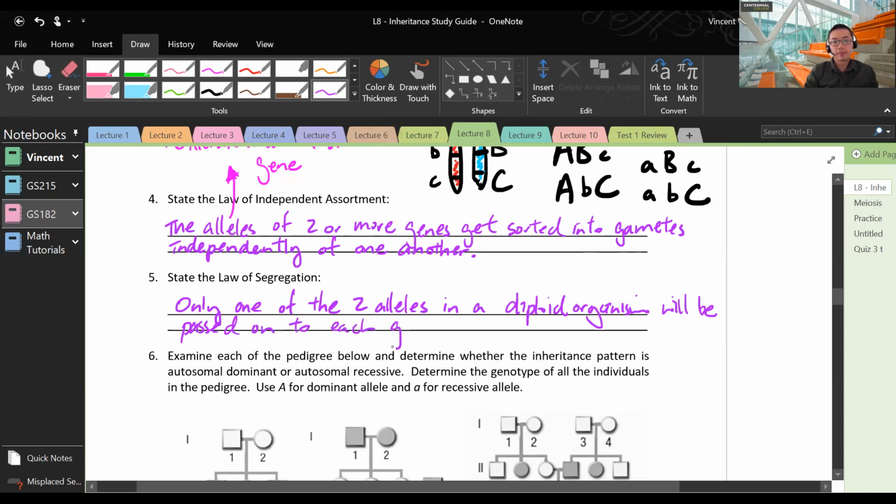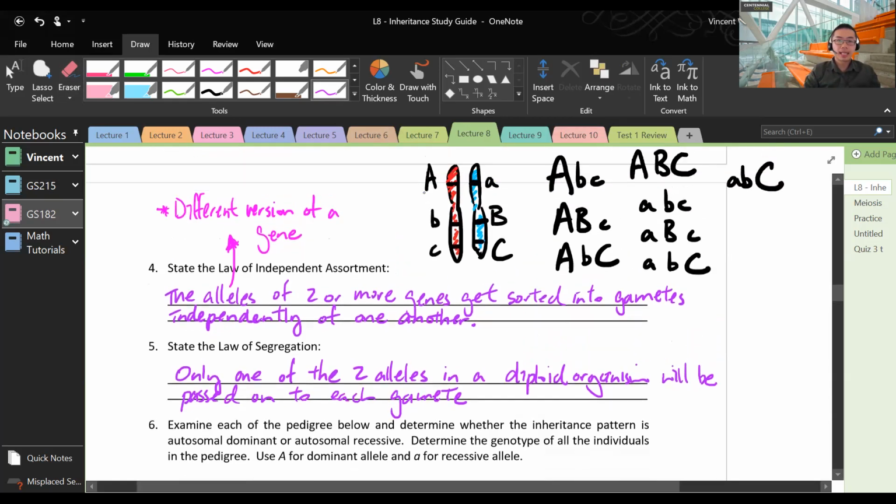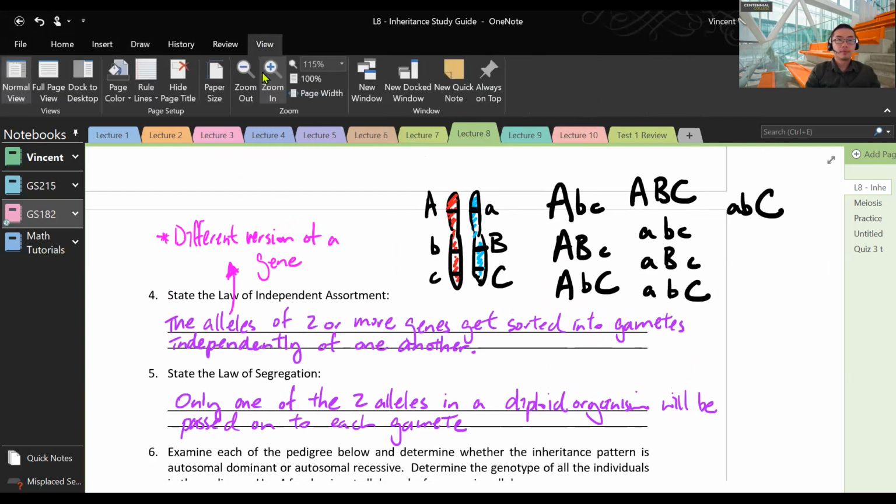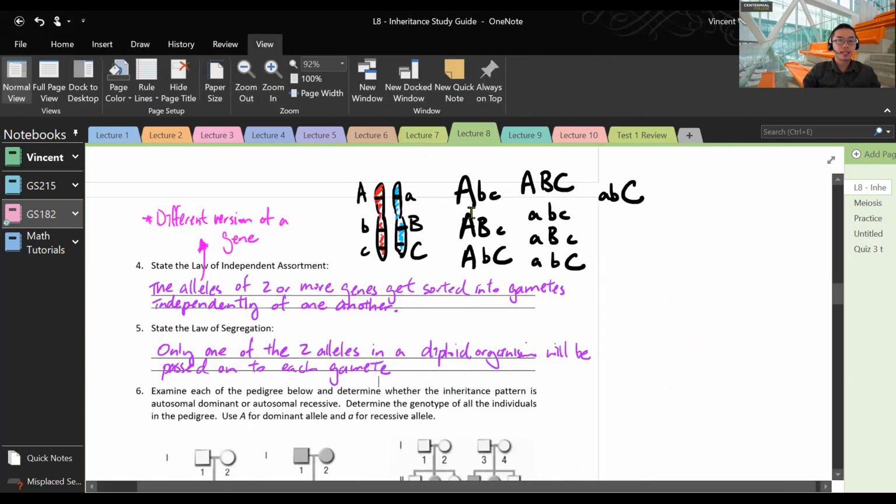We know that already, because during metaphase, they separate. So you're not going to get big A and small a. You're just going to get either big A or small a, not both. Okay, that's it.